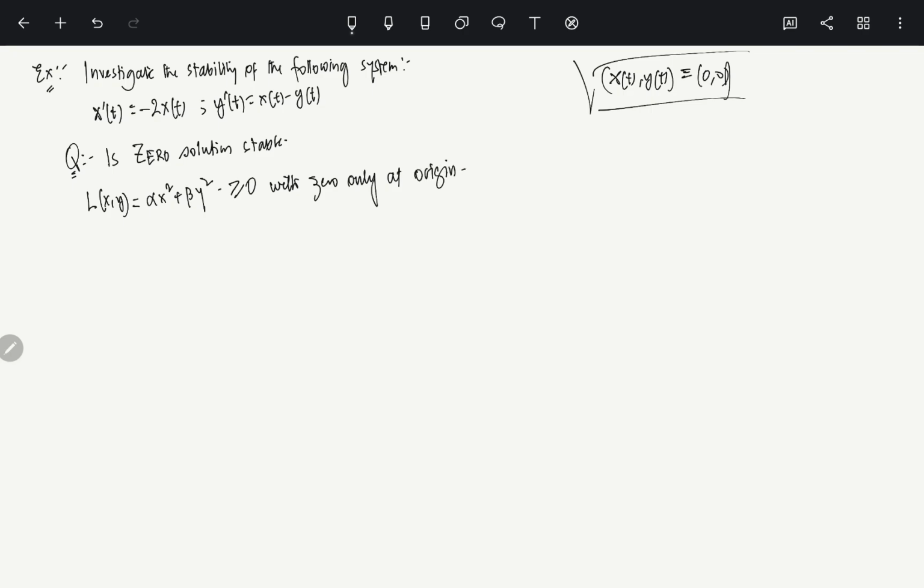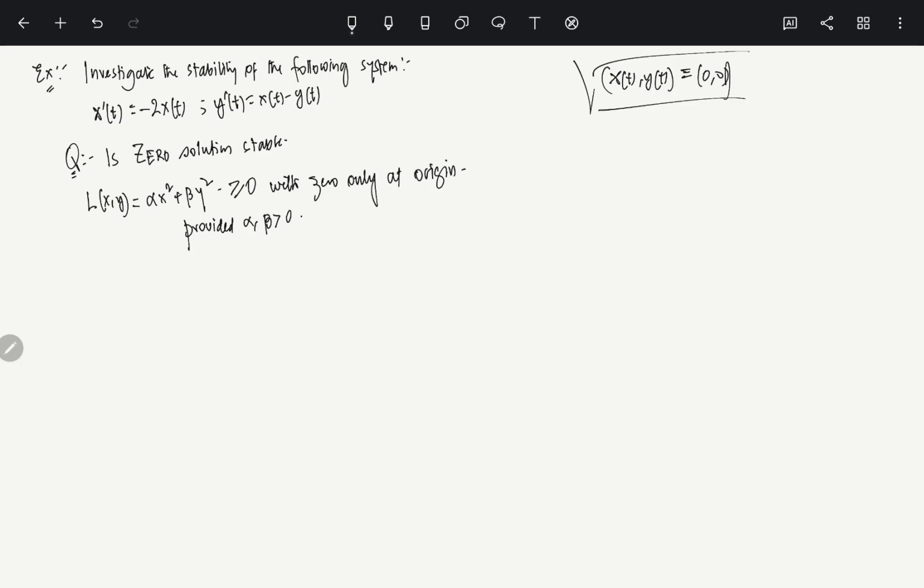So at the equilibrium point, this function has a minimum, which is essentially 0, and everywhere else this is positive, provided alpha and beta are positive. Is it okay? Now we have to find what alpha and beta are.